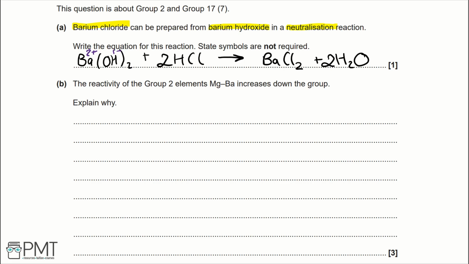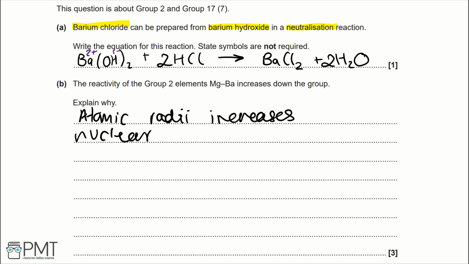Part B. The reactivity of group 2 elements, magnesium to barium, increases down the group. Explain why. This is a very common 3-mark question with a set answer. Atomic radii increases down the group. Nuclear attraction will decrease alongside ionization energies.